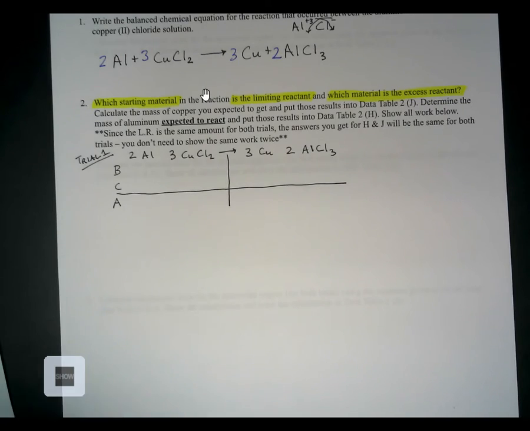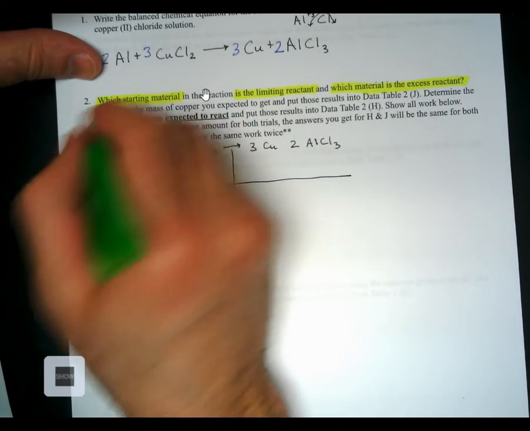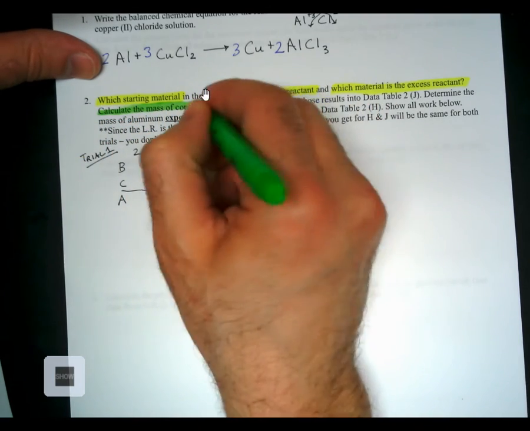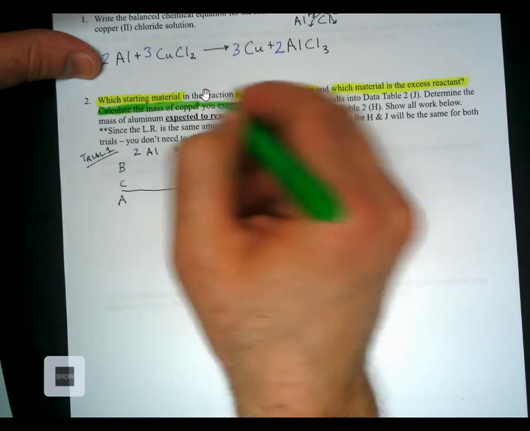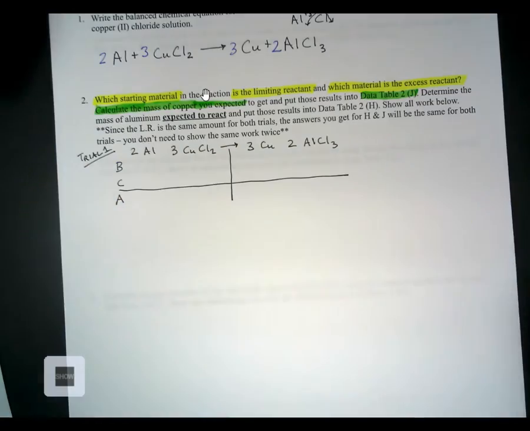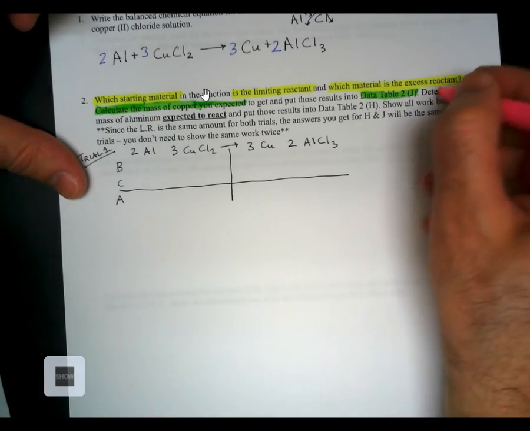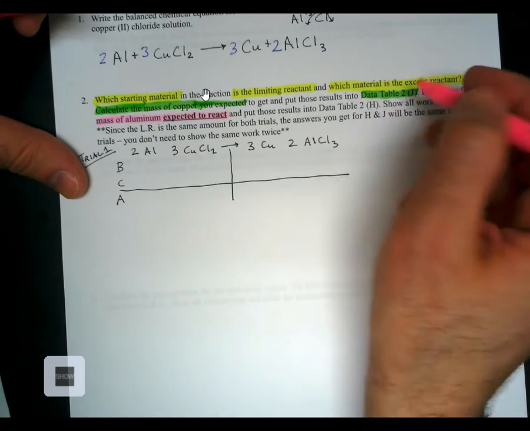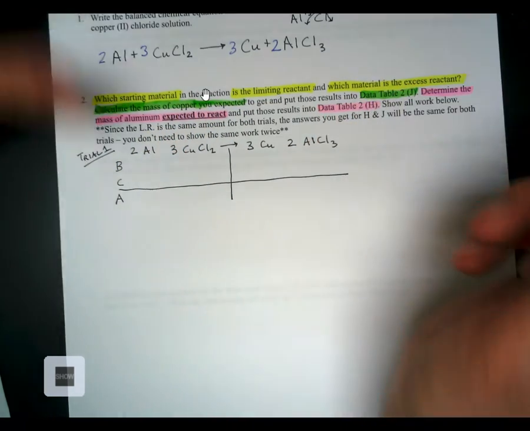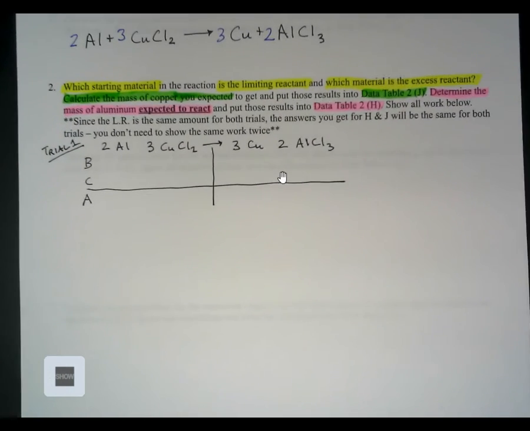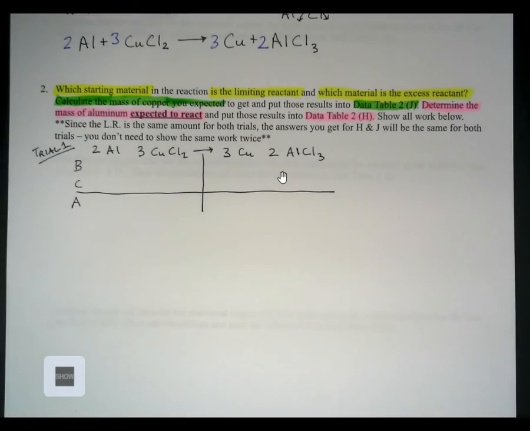Second, they want us to calculate the mass of copper expected, and we're putting it into data table 2 in slot J. And third, we need to determine the mass of aluminum expected to react, and we're going to put that in data table 2 in spot H. So there's actually three different things we're going to be figuring out.